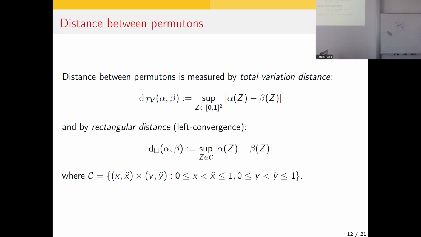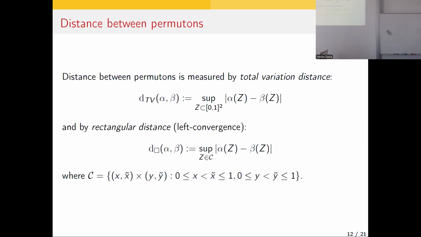So you compare the two permutons and take the biggest difference between them. In the rectangular distance, you do the same, but you can use only rectangular regions to compare them. So you lose some information, and in some cases this can play a big role, but it's really important for the left convergence of the permutations.